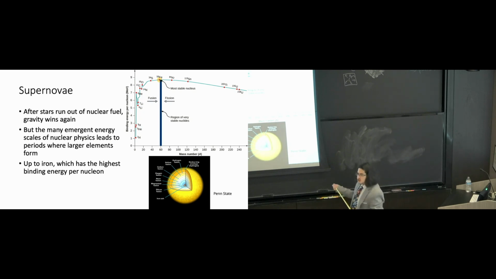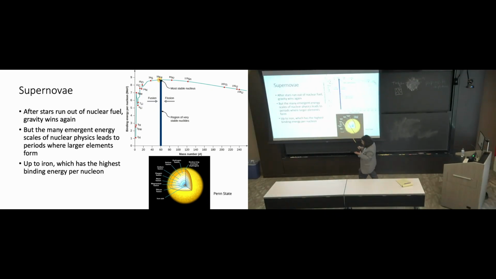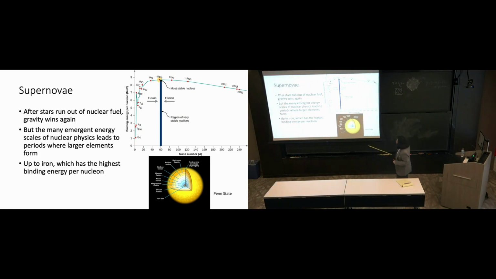But at that point, and again, this curve is some emergent phenomenon from ultimately the standard model of particle physics, iron is the heaviest thing that you can produce by fusion to get energy, to get pressure that would prevent a star from collapsing. So once you start producing iron, you can't anymore do nuclear fusion to prevent gravity from winning.